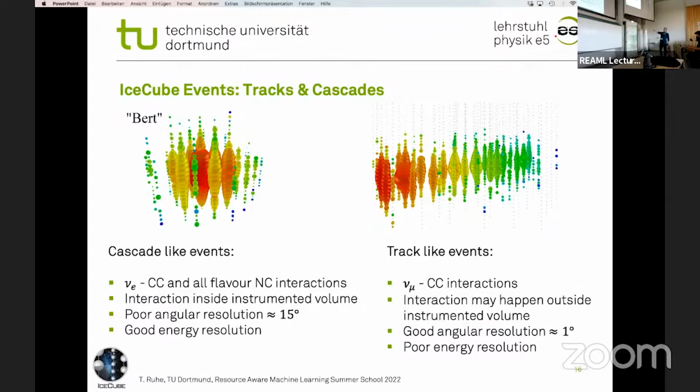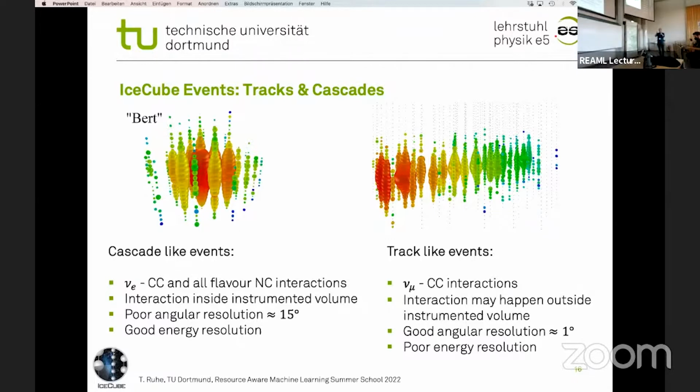They originate from a special type of electron-neutrino interaction. It's called the charged current interaction, and a different kind of interaction, the neutral current interaction, of all neutrino flavors. It is preferable, I would say, that the interaction happens inside the instrumented volume.